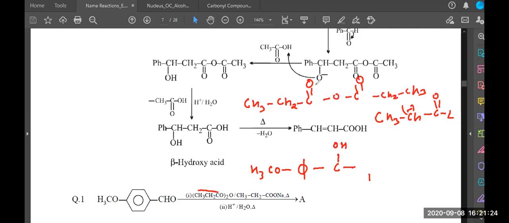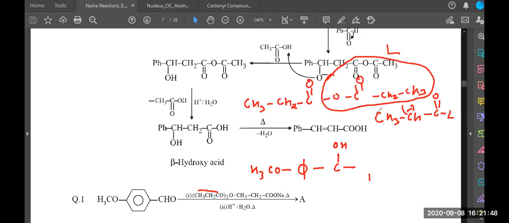This is your total anhydride. So I just took this as leaving group L. This is L, and this is the remaining group. I'm just forming the product, Vishnu. I'm just writing the product.